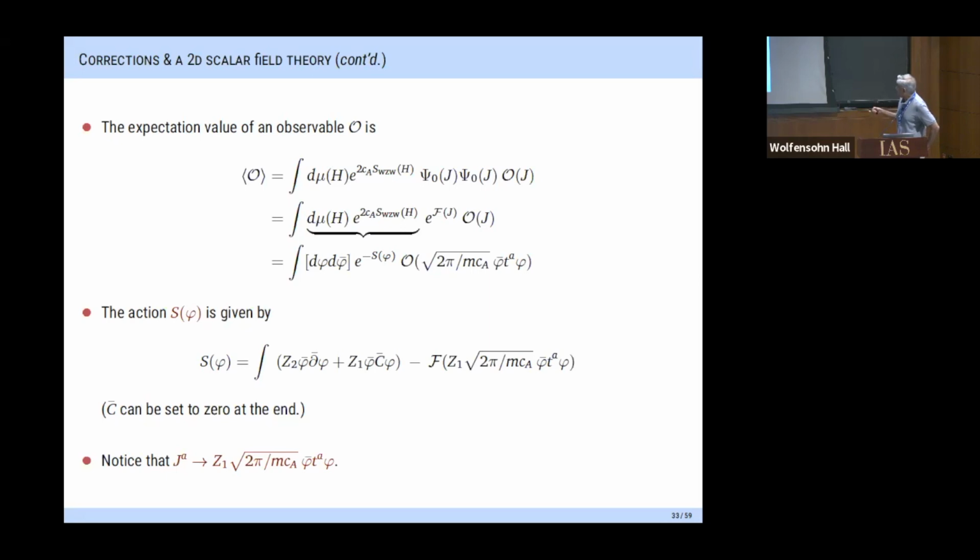The F introduces additional interaction to this action for phi, and this is the theory that we can calculate. So we don't have to worry about how to do integrations with Weismann-Witten actions at the end of the day. It's like a scalar field coupled in some fashion, because there are a lot of interaction terms here coming from whatever F is from psi star psi. Okay, so we do that.